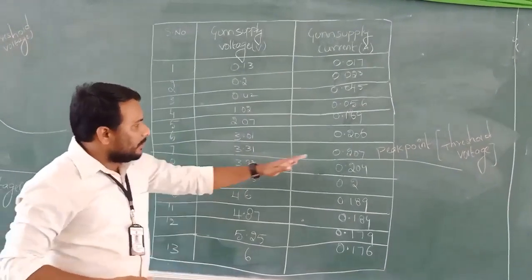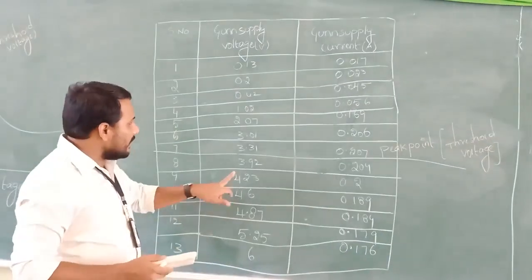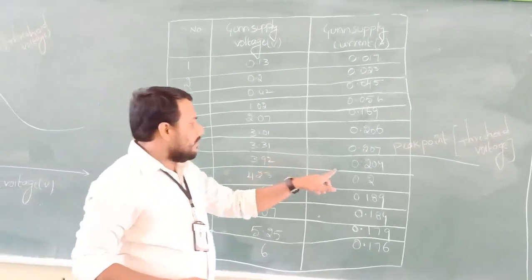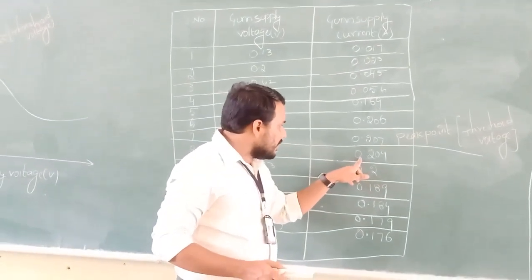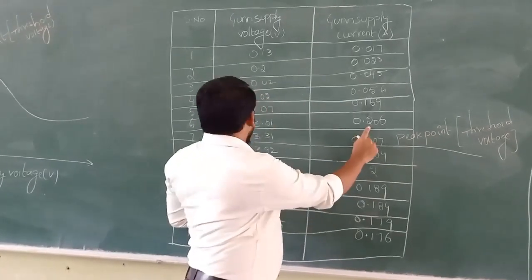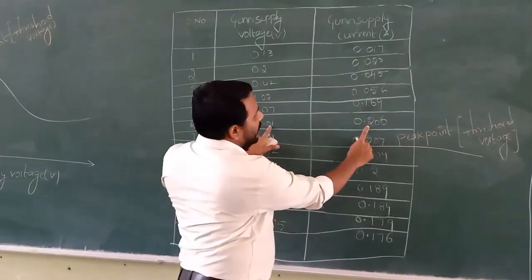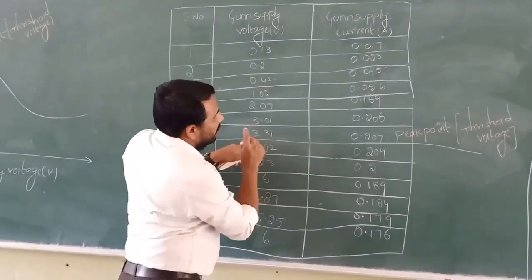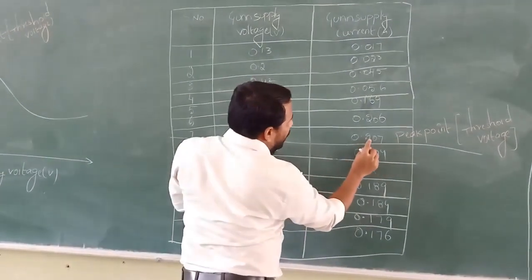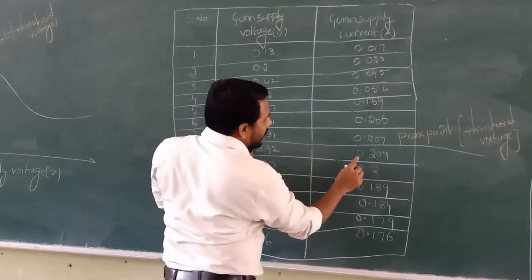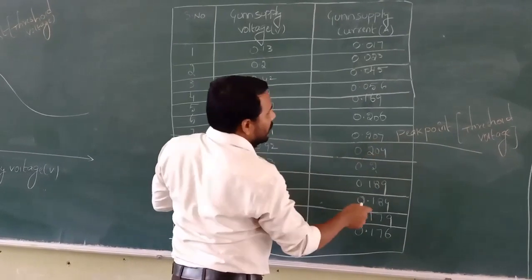0.207. See here. If you still increase the voltage to 3.92, the corresponding current reading is 0.204. See the readings here: at 3.01 it is 0.206, at 3.31 it is 0.207, at 3.92 it is 0.204.